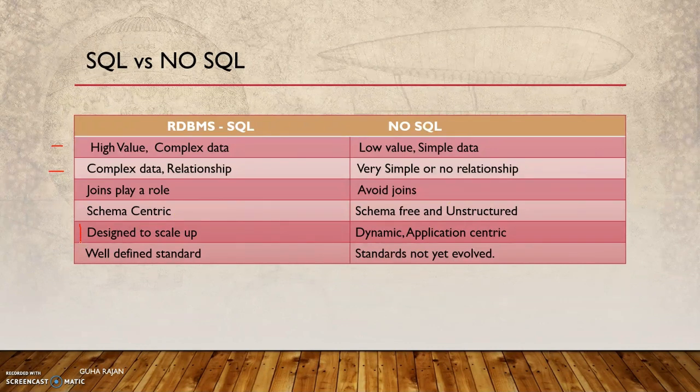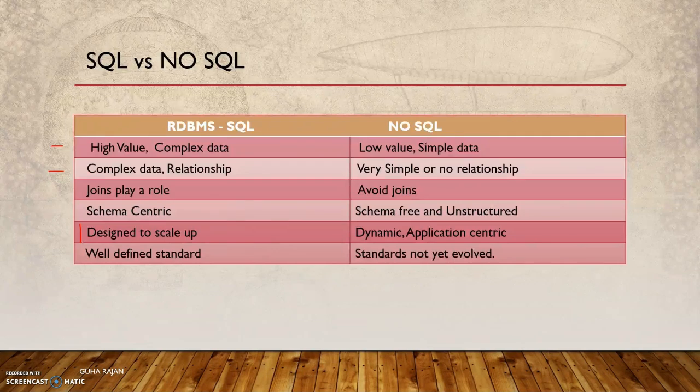Design to scale up: once you design the database, it stays. For example, an enterprise ERP system will use it for financial transactions, and these transactions will grow over a period of time, 100 records per day, 1,000, 10,000 records, even after five years.